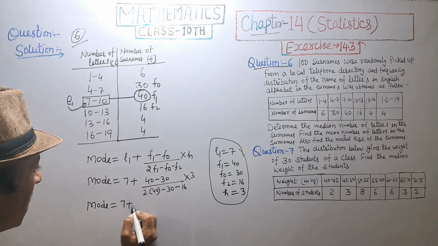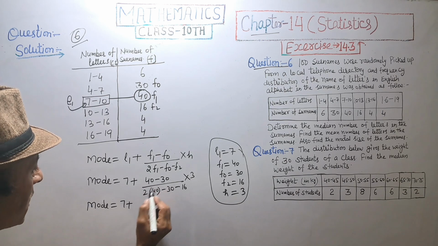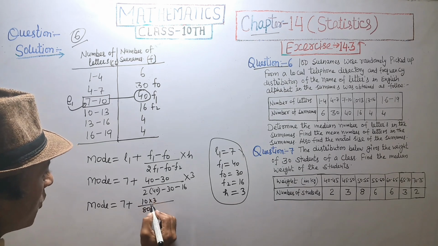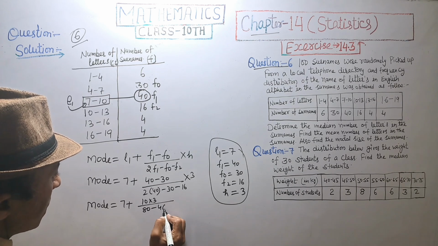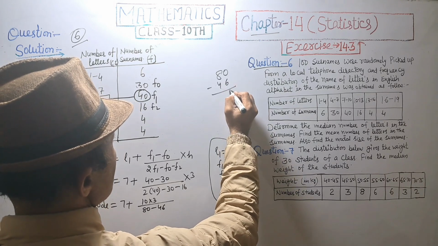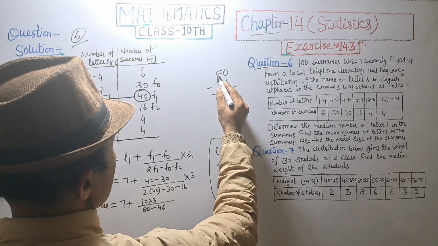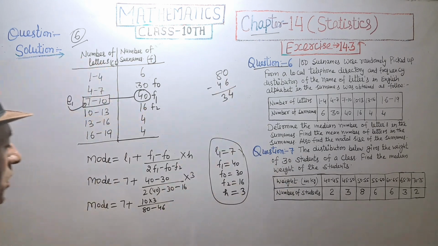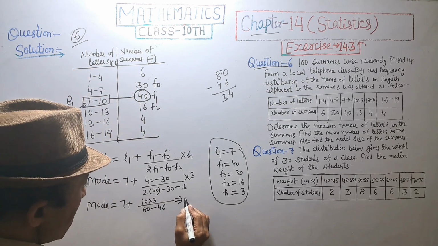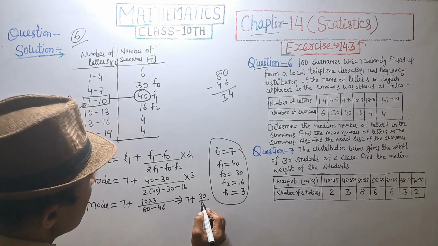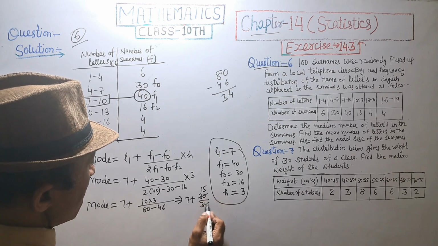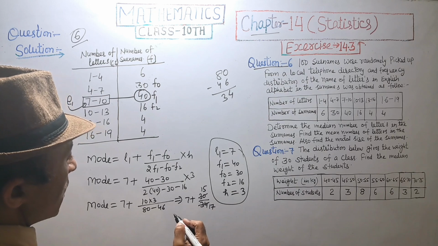Mode is equal to 7 plus 10 multiplied by 3 divided by 80 minus 46. 80 minus 46 is equal to 34, and 7 plus 30 upon 34. 15 2s are 30, 17 2s are 34.